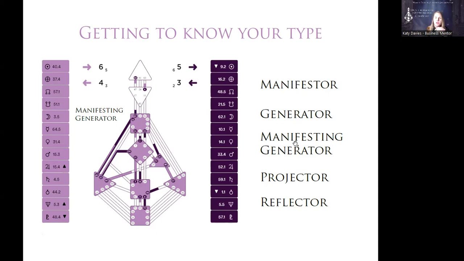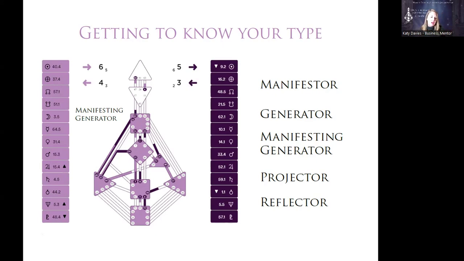They will still follow their own strategy and authority to make those decisions. But when they do find the right project, whether it's a house by the sea, a barn conversion or some flats, they will think, yes, this is the project for me. And the slight difference between the generator and the manifesting generator is how they would then complete those projects.